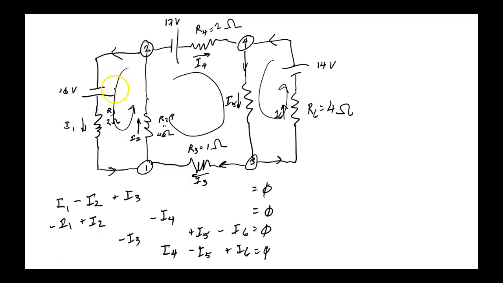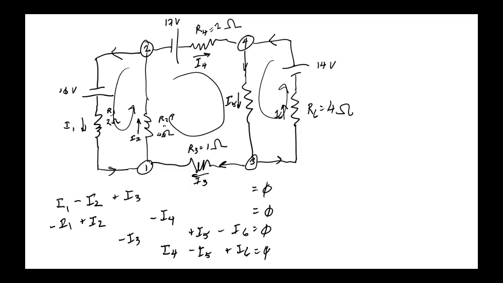So let's use their paths. We don't have to use theirs. We could have used other loops as well. These are reasonable loops, but we could have done this as a loop, this as a loop, or that as a loop. We could have done any loop we wanted to. These 3 make sense because they're lined up according to our batteries.